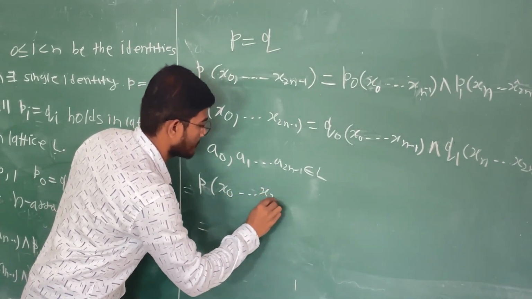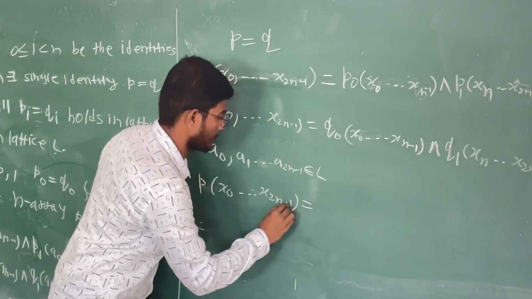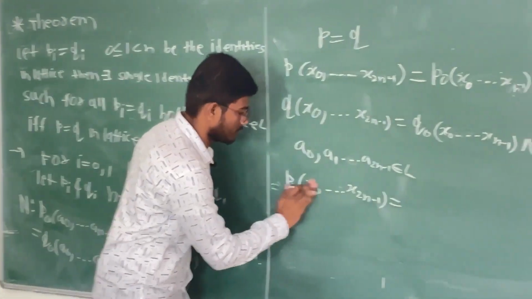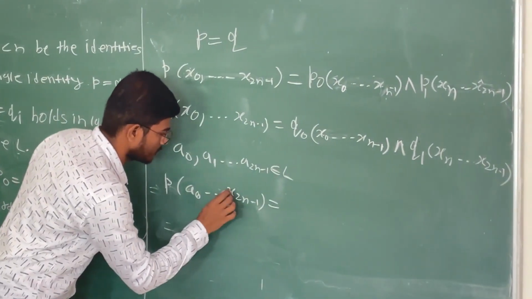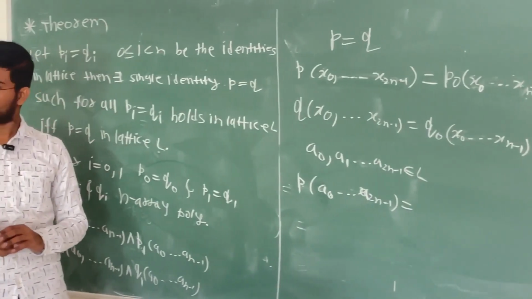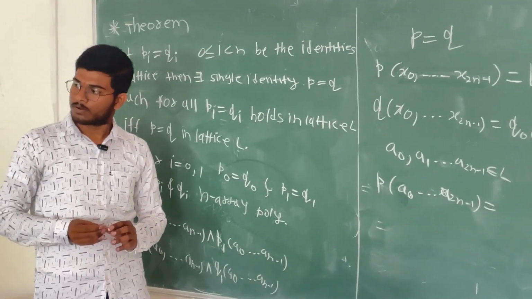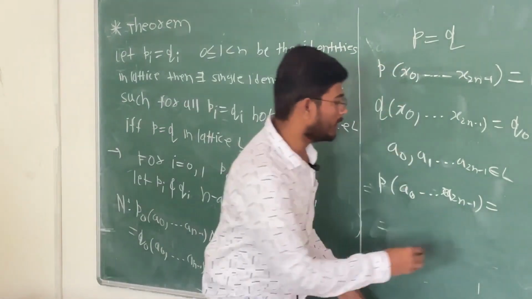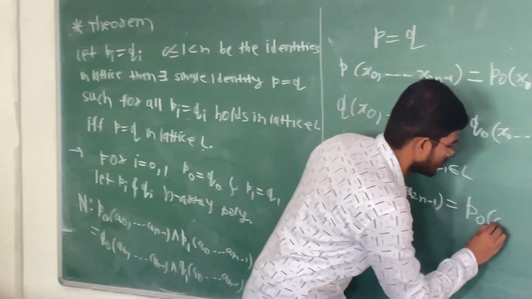When you substitute those a_i values, what will you get? Don't confuse: the x_i's are variables, and whenever you want to find a value, you have to take the a_i's from L. Is that clear?